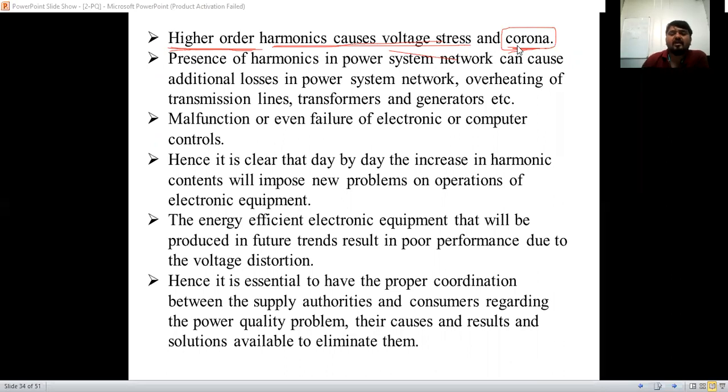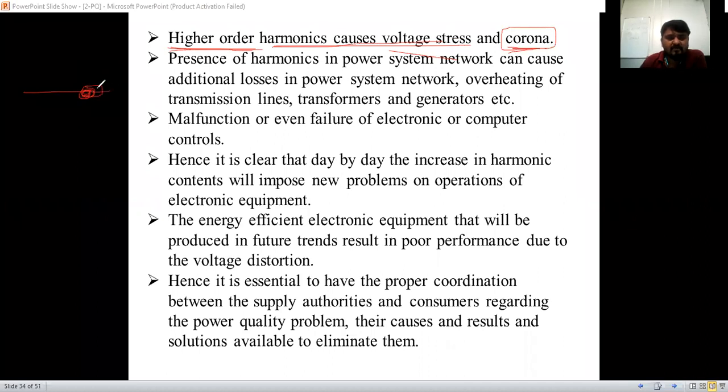So in the higher voltage side transmission lines, during fog climate and so on, in the transmission line there is some violet or light yellow lighting, and you may have heard a sound coming from the transmission line.